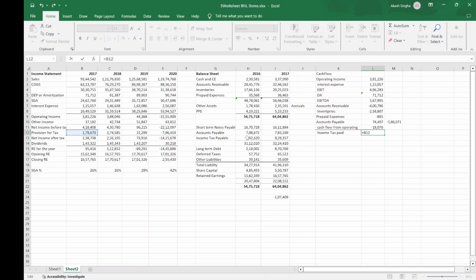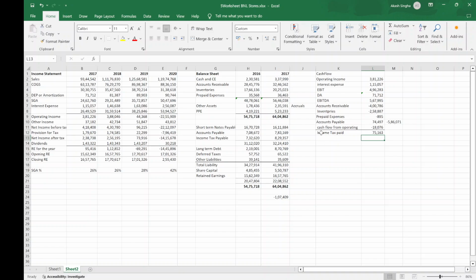Yeah, income tax payable increased, so we held up some money. So plus this minus this, and then deferred tax also same. We held up some cash. So this is the income tax paid.